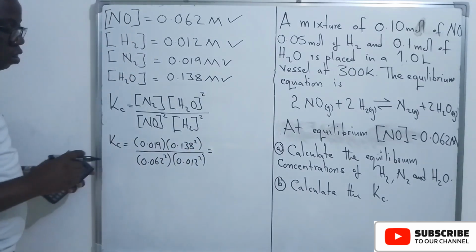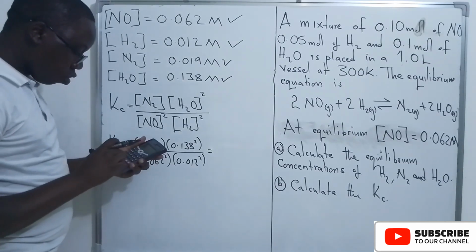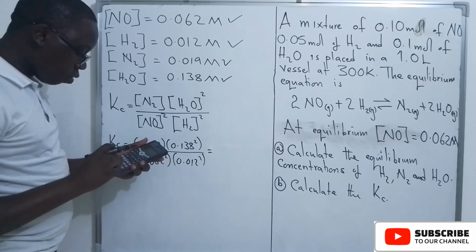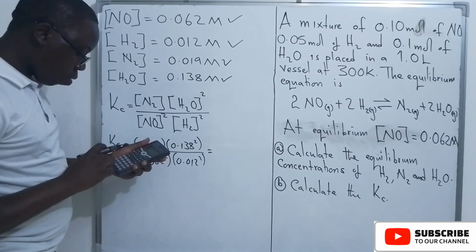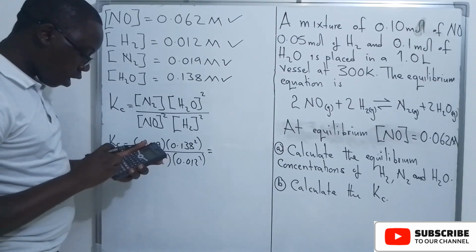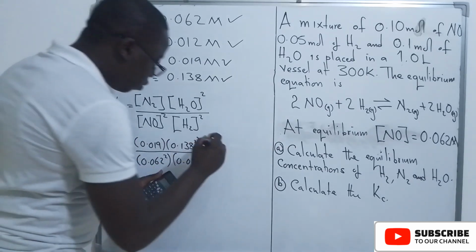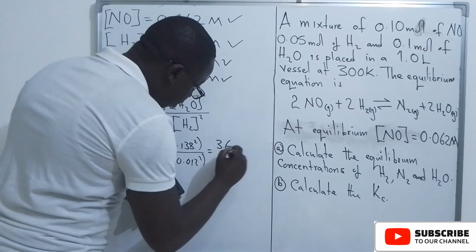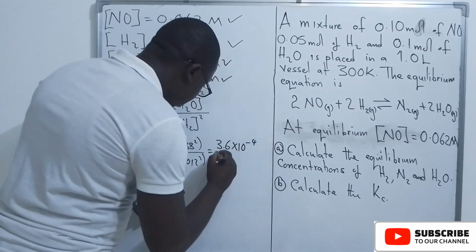So let's do the calculations. What is on the numerator? We are saying the numerator is 0.019 multiplied by 0.138 squared. What is the answer? It is giving us 3.6 times 10 to the power negative 4.